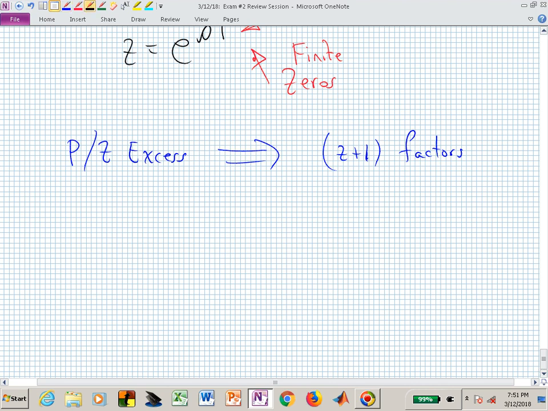Now we have all of the factors, zeros and poles. We just need to find the gain k. And we find that gain k by matching gains between the h of s and the h of z.